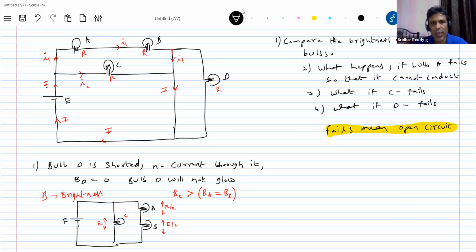Let's come to the second situation. What happens if bulb A fails so that it cannot conduct? What should the circuit diagram be? Bulb A fails to conduct, which means it's like an open circuit, no? So where the bulb is, you put an open circuit.